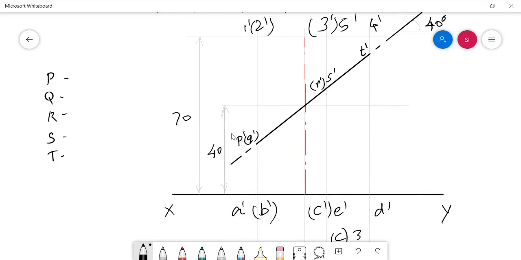So the P dash cut point can be given to the 1A edge, and Q is for 2B, and the cut point R can be given to 3 dash C dash, 3C, and S to 5E, and T for 4D.